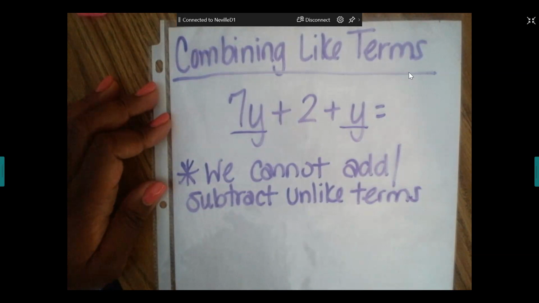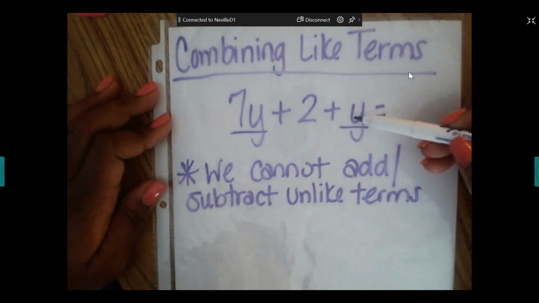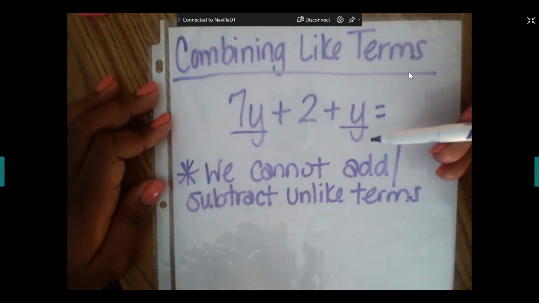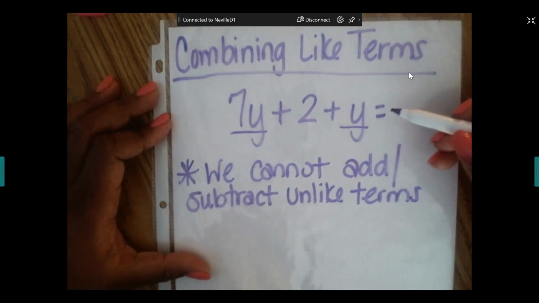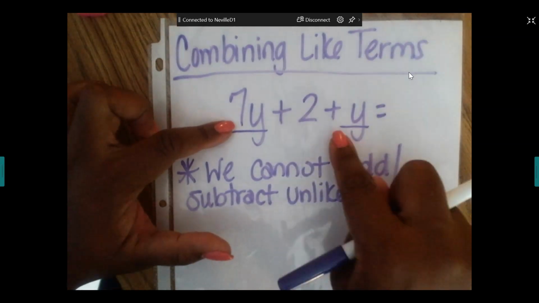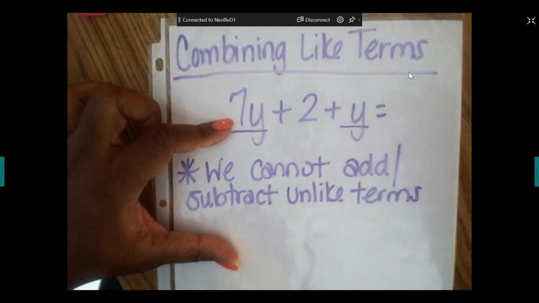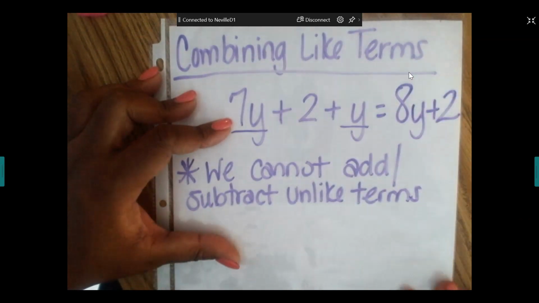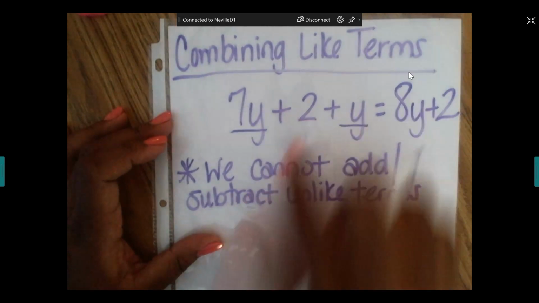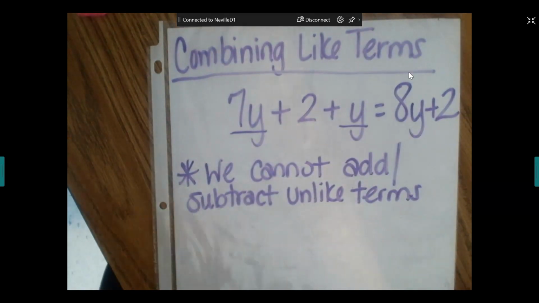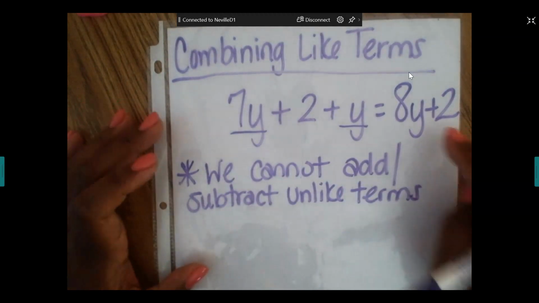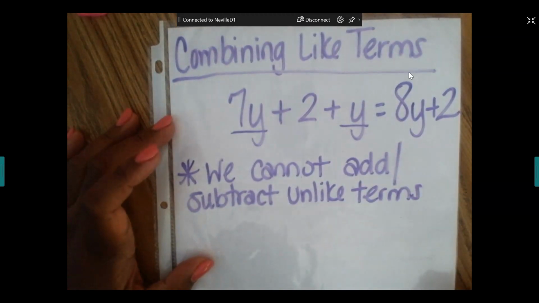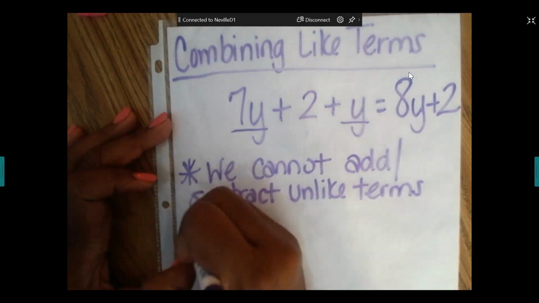You should too. What number is always in front of our variable? Michael? There's a 1 there. So, Casey, what's 7 plus 1? Very good. We're going to have our 8y plus 2. That 2 stays the same because it couldn't be added to anything. It was an unlike term.